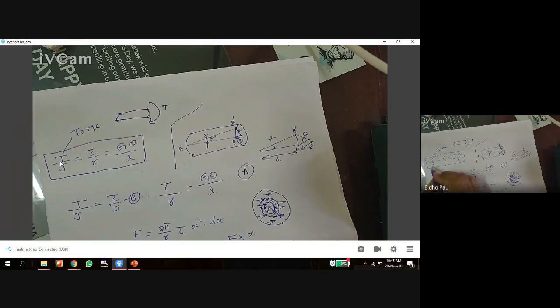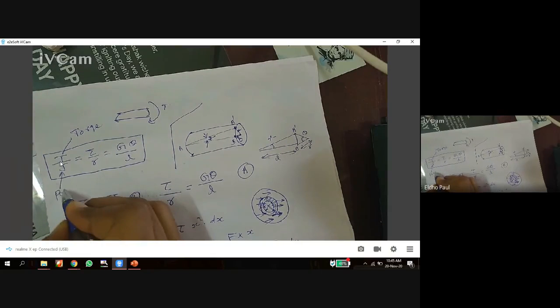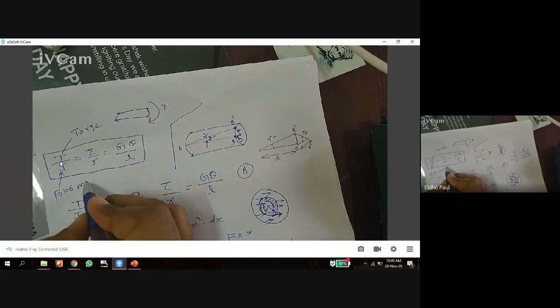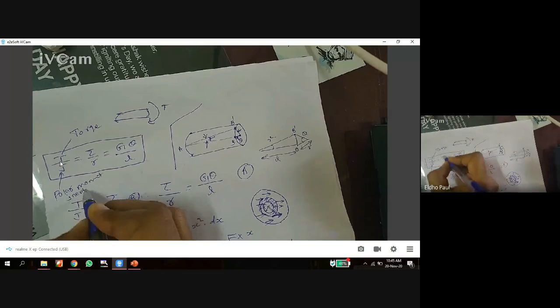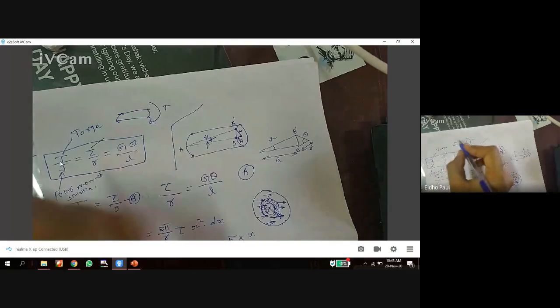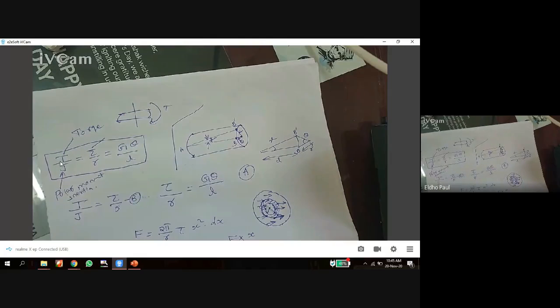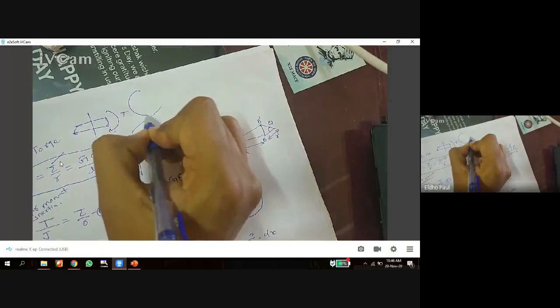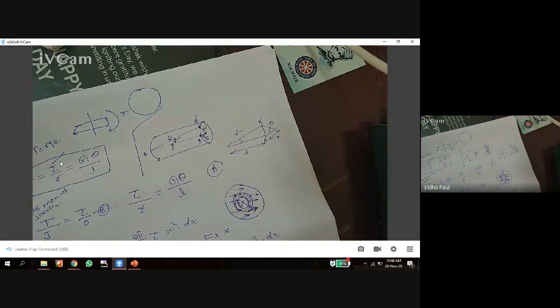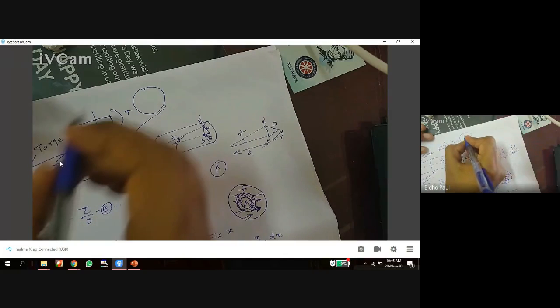What is J? J is called the polar moment of inertia. I will explain what that is. Tau: if we take any cross section, in that cross section, I take a small element.